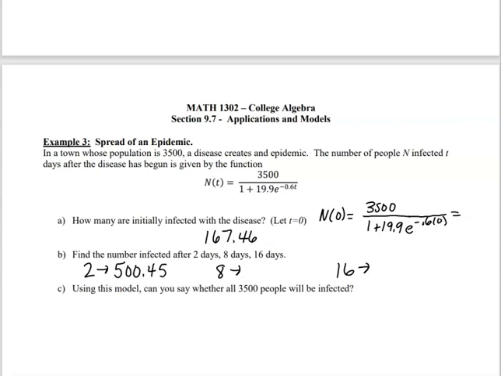If I plug in an 8, 3,007.46, and if we plug in a 16, 3,495.29, depending on what we're supposed to round to.